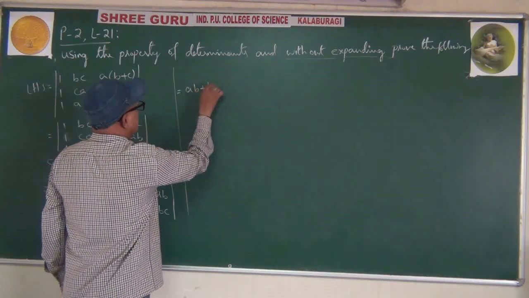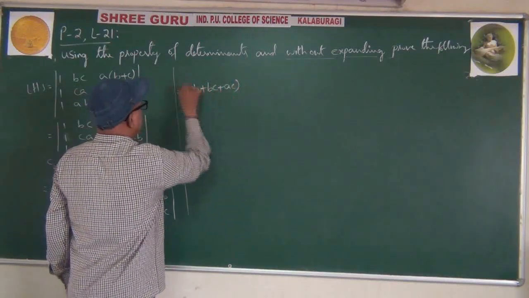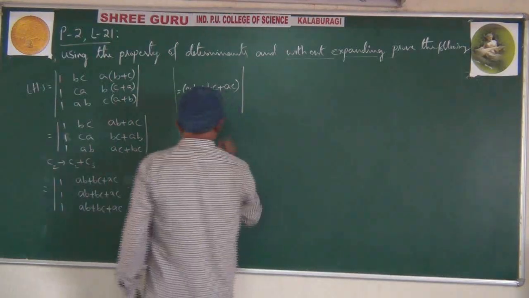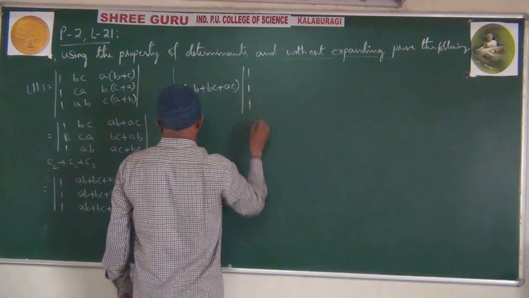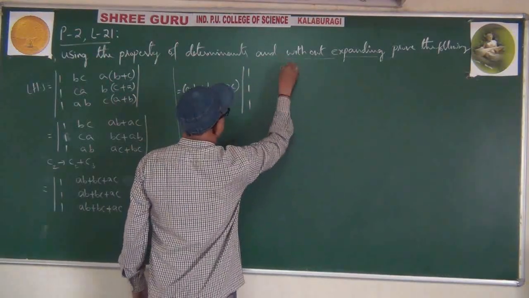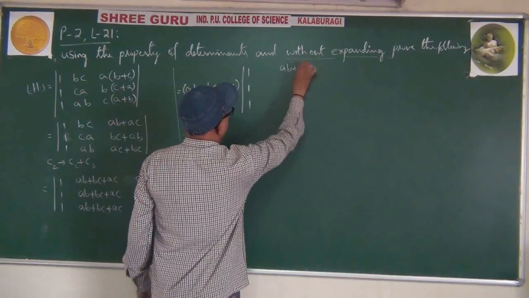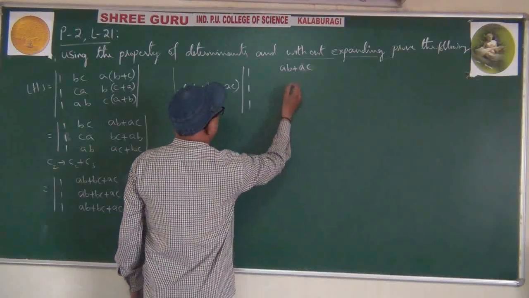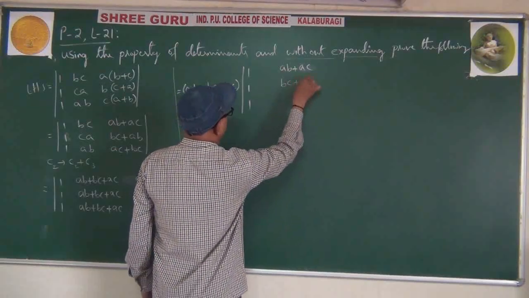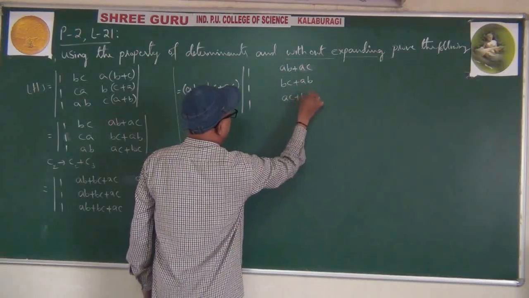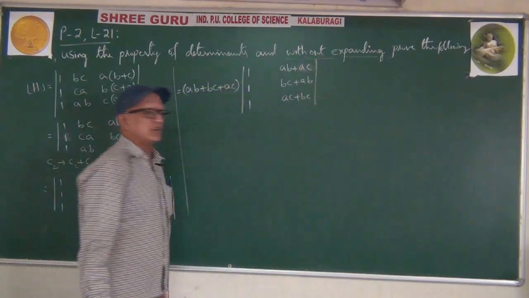The first column and third column are as it is. The remaining entries are AB plus BC, AB plus AC, BC plus AB, AC plus BC.